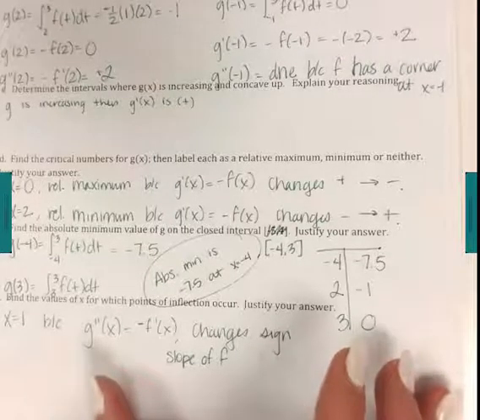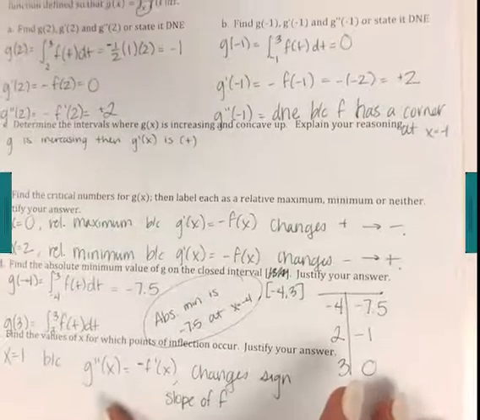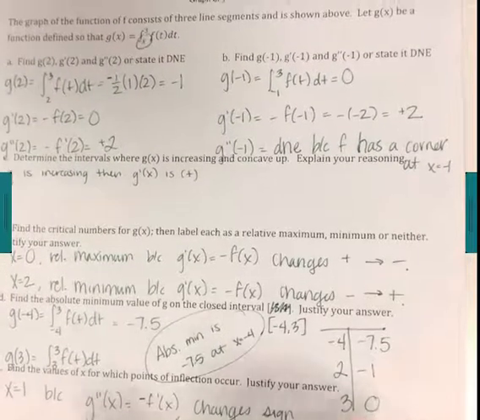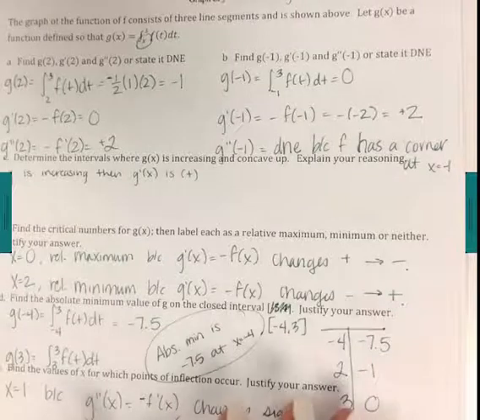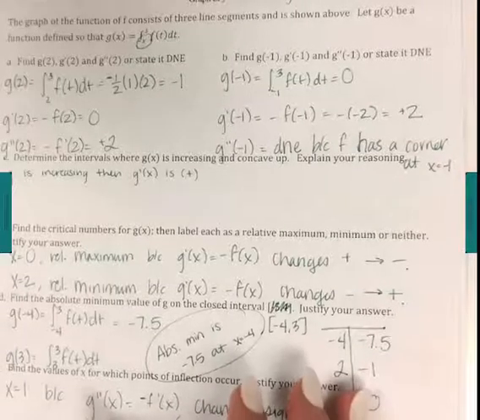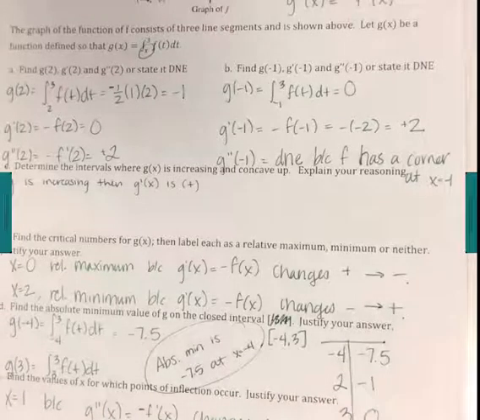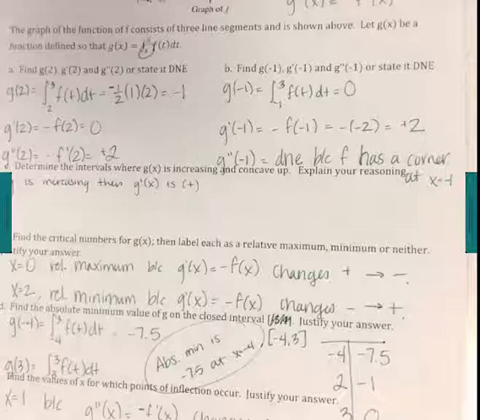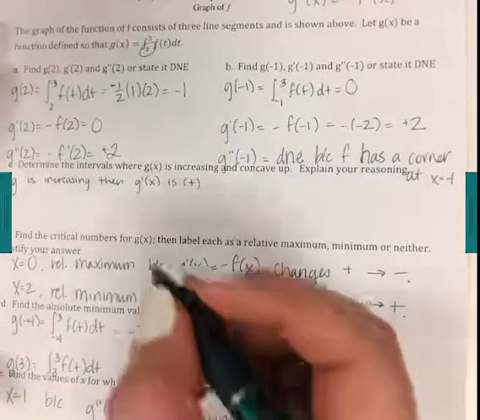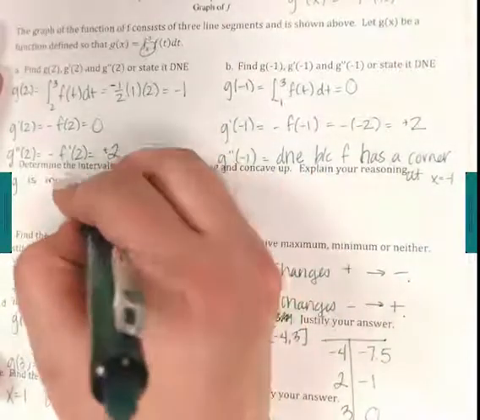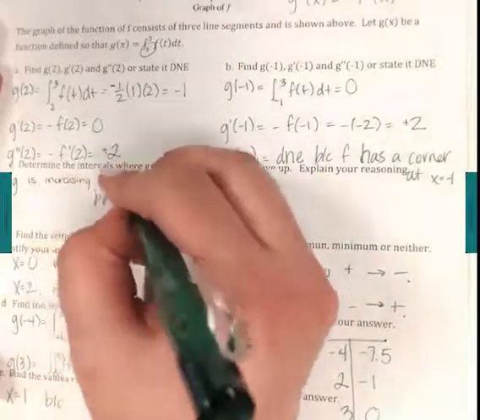Negative, because why? Because G prime is negative F, and so I need F to be negative to cancel out the negative. Does that make sense? So what I would think about in your head is you're really just looking for the opposite. If I want G prime to be positive, I need F to be negative. Where is F negative? Okay, when it's below the x-axis.